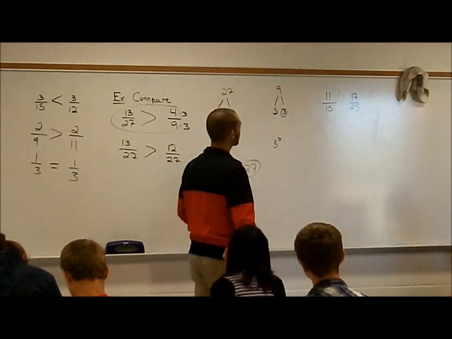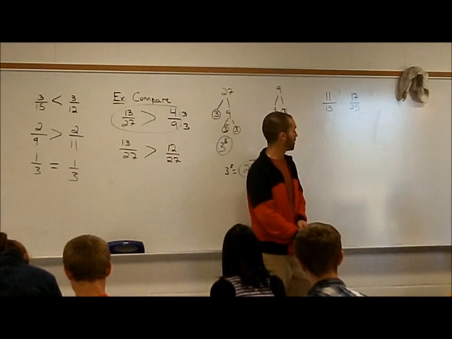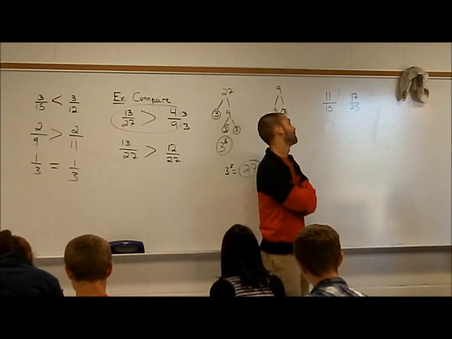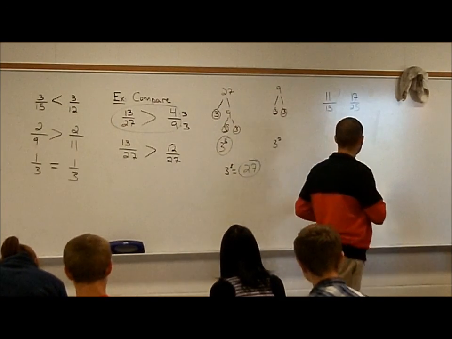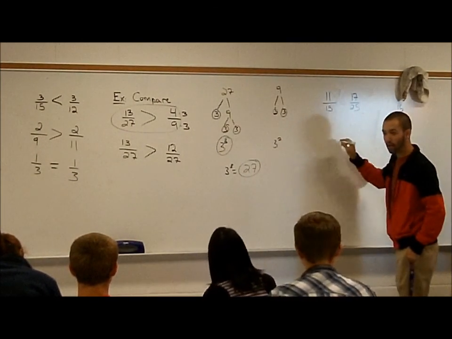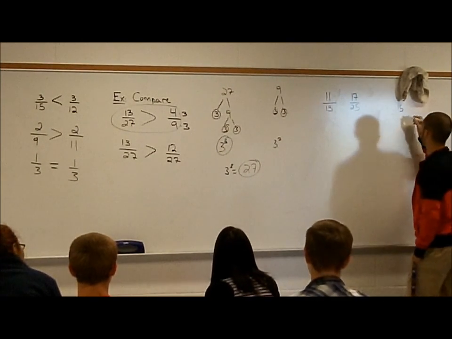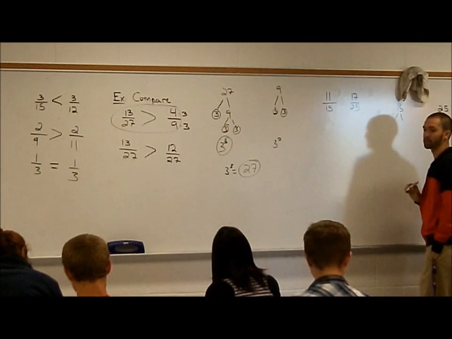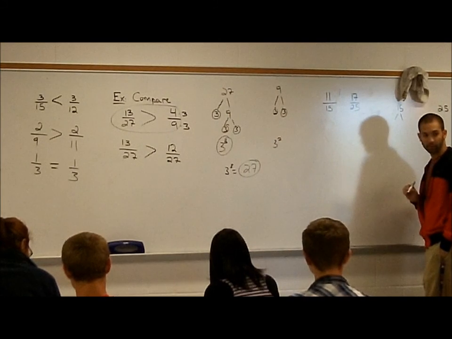Go. We need to find the least common multiple. Alright, so we gotta find the least common multiple to get the common denominators, right? So here's 15, here's 25. What does 15 break down into? 3 and 5. We all agree?